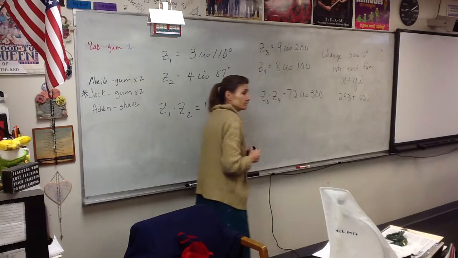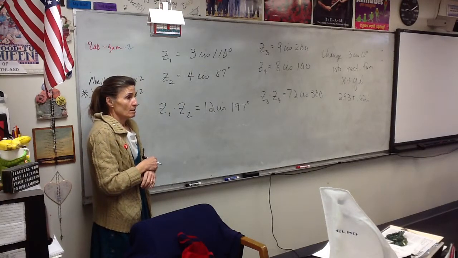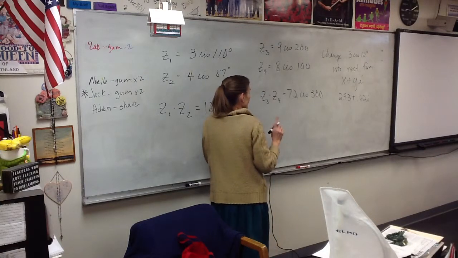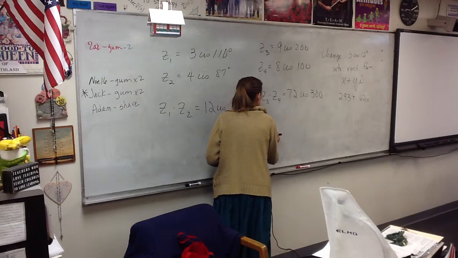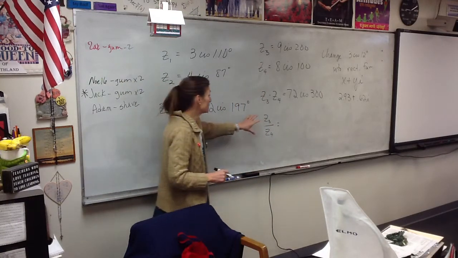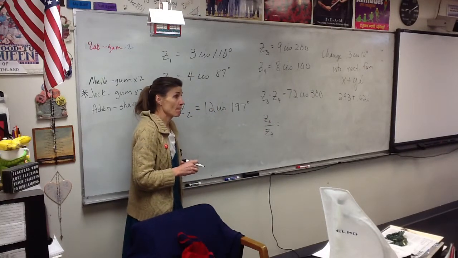Perfect. Now, does anybody want to take a wild guess what Z sub 3 divided by Z sub 4 would be using these same two numbers? Anybody want to take a guess what the quotient would be?